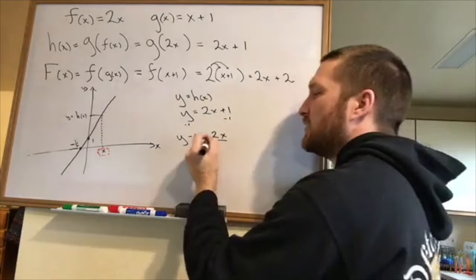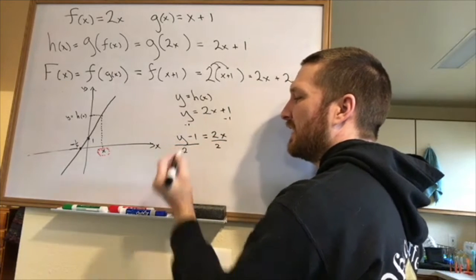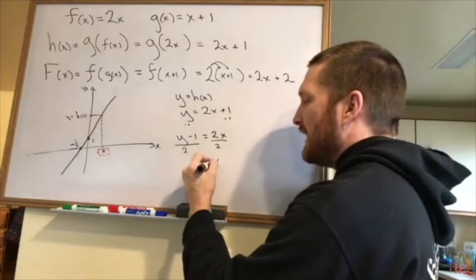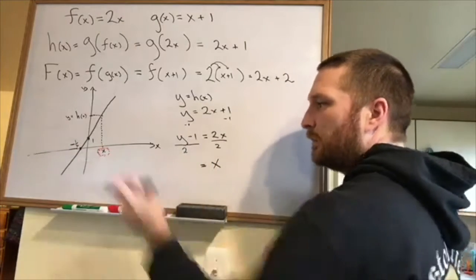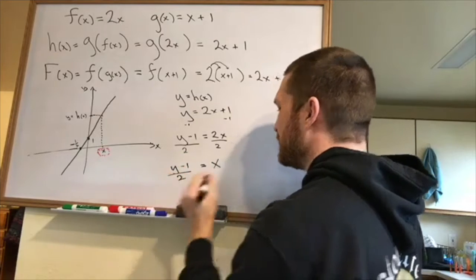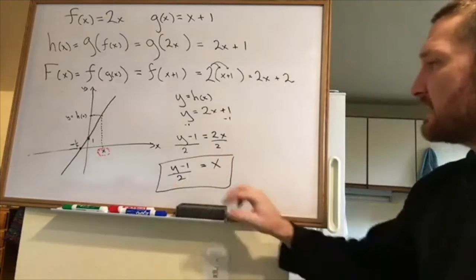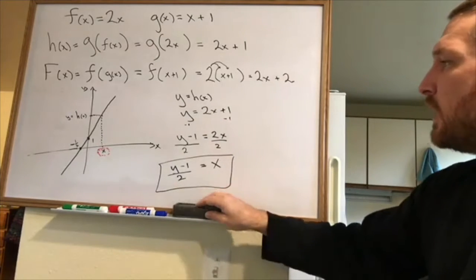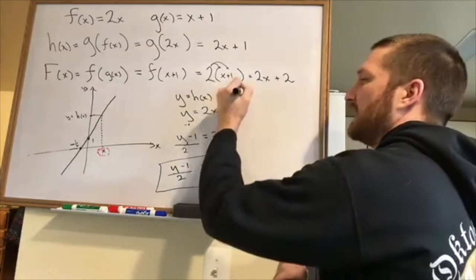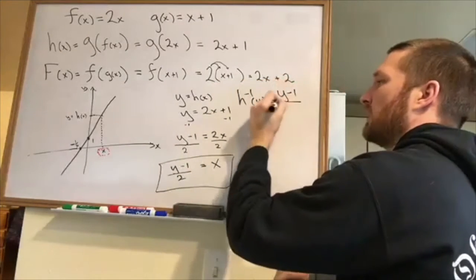Divide both sides by 2, and I'm going to write it like this, where I divide the whole thing by 2. And that gives me that x, the original input, is equal to the output minus 1 all divided by 2. In fact, I think this was one that we did last time. So now we have an inverse relationship, and I just want to check it. h inverse of y is equal to y minus 1 all over 2.